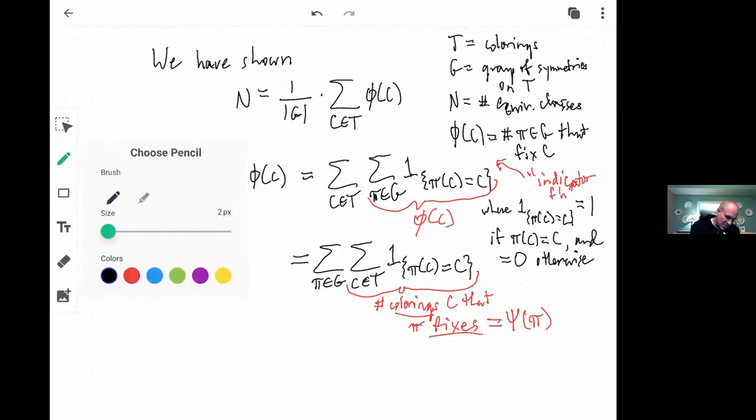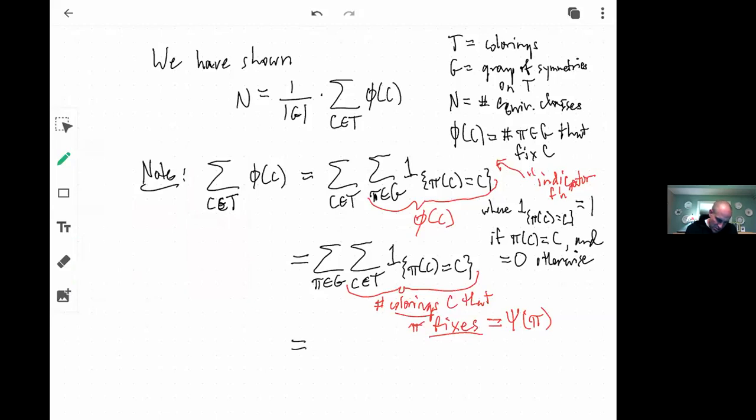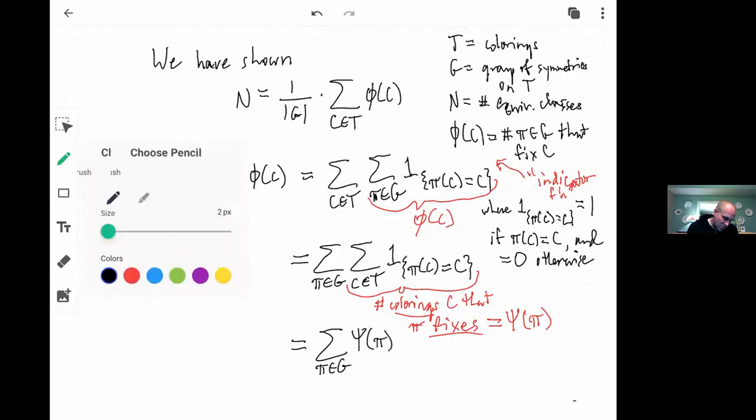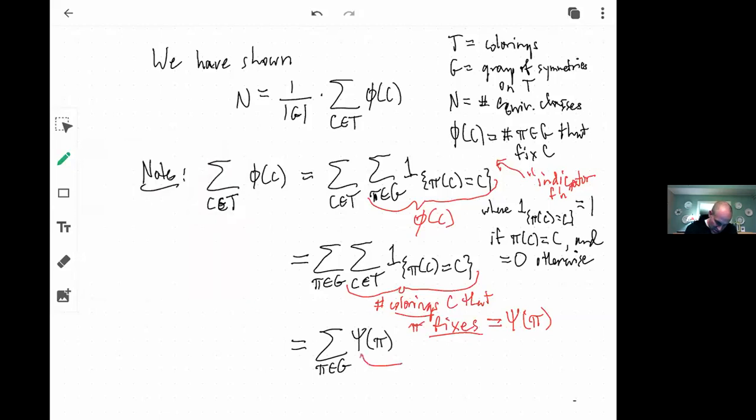Okay, so when we do that, look what we get. This just ends up being equal to the sum over pi belonging to the group of psi of pi, right? This right here is the Greek letter psi, just so that you know. So it's the number of colorings that pi happens to fix. So that sum over colorings of phi of C is equal to the sum over permutations of psi of pi.